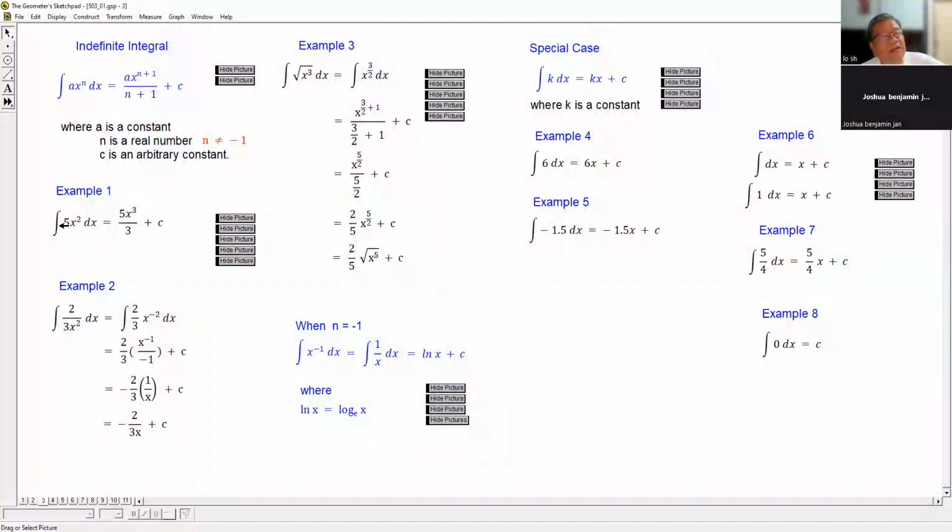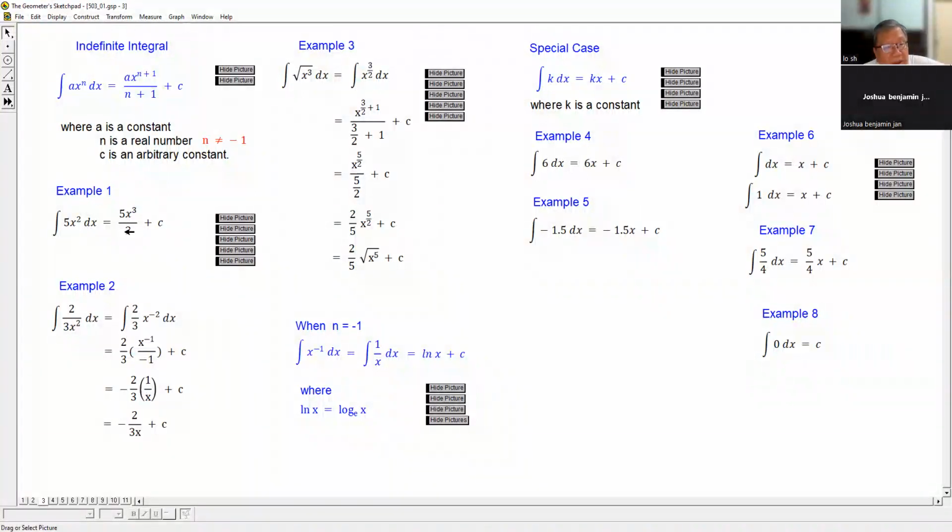Okay, what is the example? The example is, I want to integrate 5x squared with respect to x. Now, this 5 is a number. You don't have to integrate the number. So you just copy down the 5. Then x squared. You want to integrate x squared, you have to increase the power by 1. So 2 plus 1 become 3.